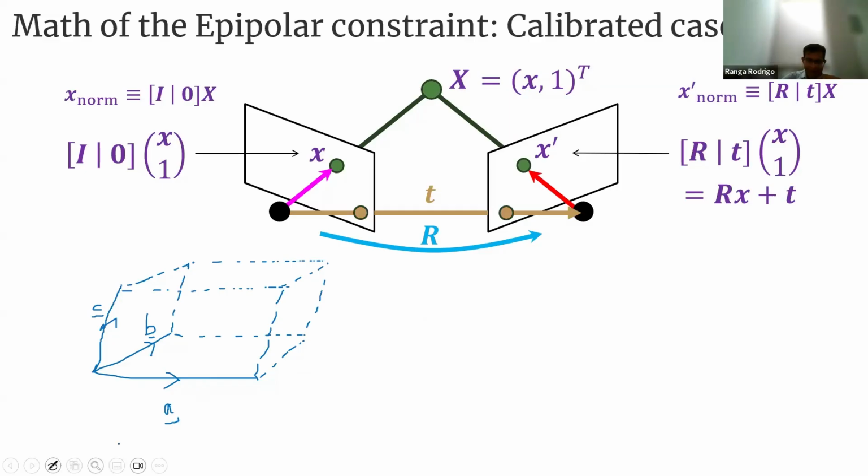The volume of the parallelepiped is obtained by C dot A cross B. This is called the triple scalar product.